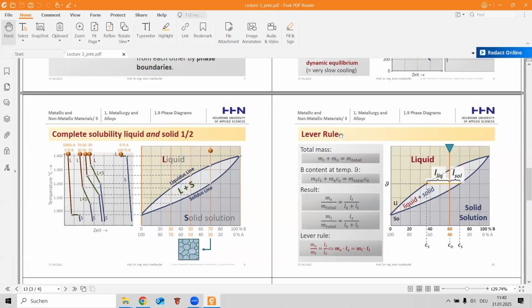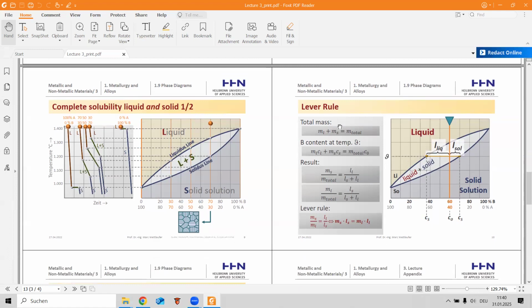Here we can also apply the famous lever rule with metals. So the total mass, the mass of liquid plus mass of solid, is equal to the total mass.